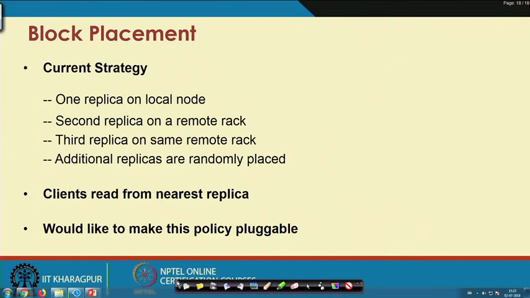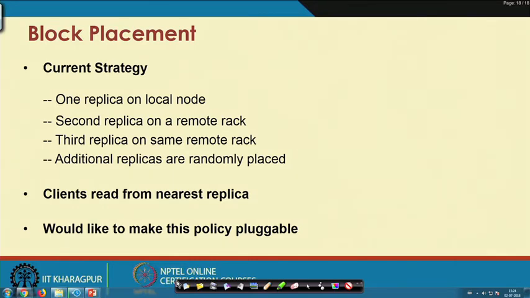Typically, as we have discussed, the servers are arranged in racks. So, the second replica happens on a rack different from the rack of the first node. And the third replica happens on the same rack as the second replica.